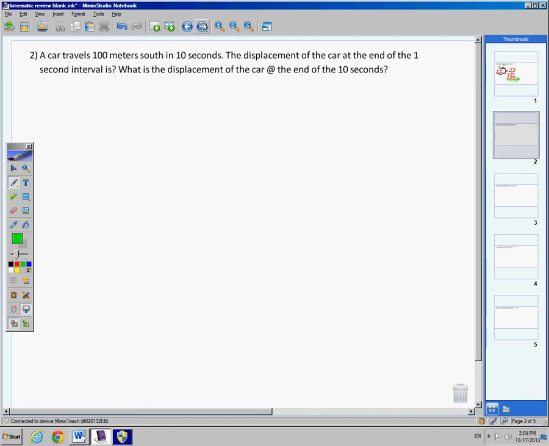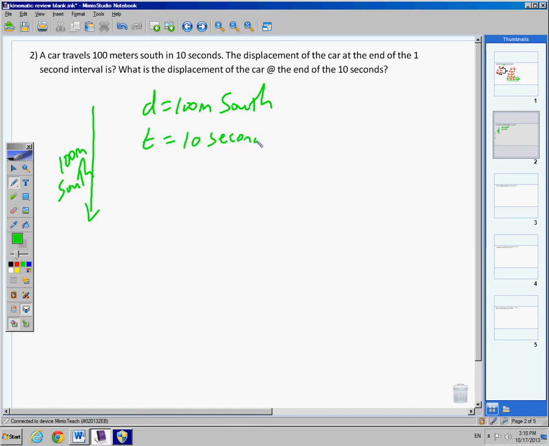A car travels 100 meters south in 10 seconds. So I got 100 meters south, that's the displacement I should say, and the time is 10 seconds. It says the displacement of the car at the end of the 1 second interval is what?